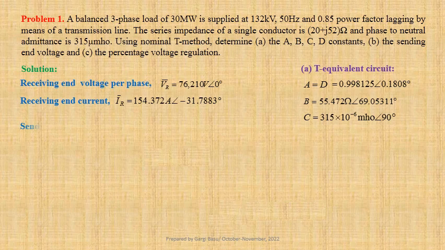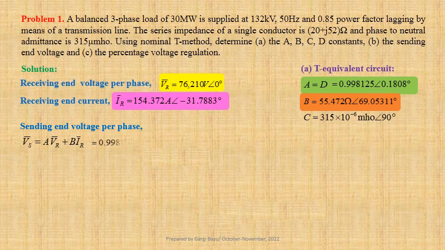Expression for sending end voltage per phase, Vs equals A times VR plus B times IR. Using values we get 0.998125 at an angle 0.1808 degree into 76,210 at an angle 0 degree plus 55.472 at an angle 69.05311 degree into 154.372 at an angle minus 31.7883 degree.